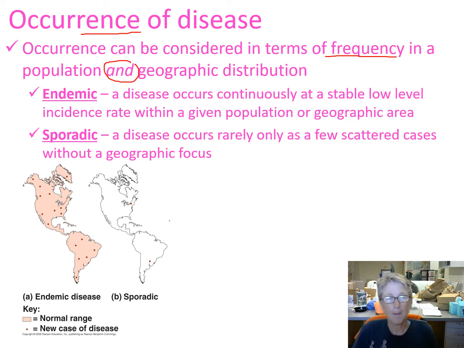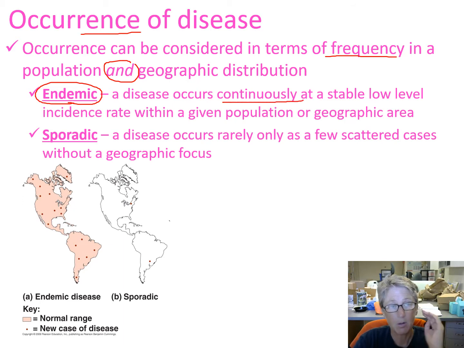So if you are a disease and you are endemic, then you occur continuously at a stable, low level incidence rate, that's the number of new cases, within a given population or geographical area. And here down in the cartoon, A is an endemic disease.